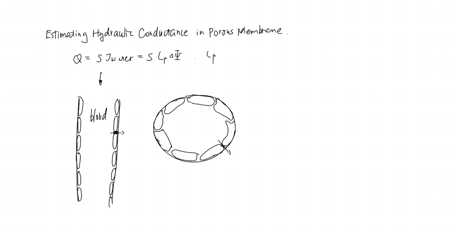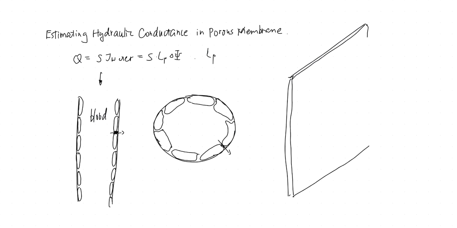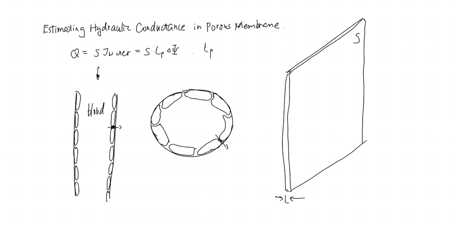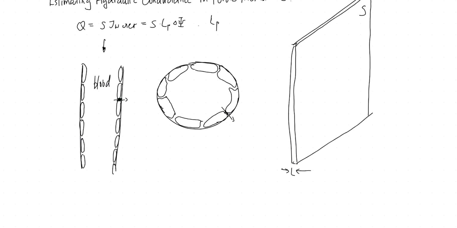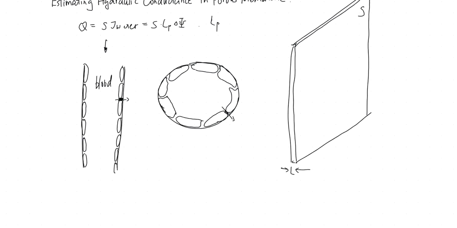Now let's be more general. So let's say you have a membrane. L is membrane thickness, and the S is the surface area of the membrane. So let me write it down here. Membrane thickness.